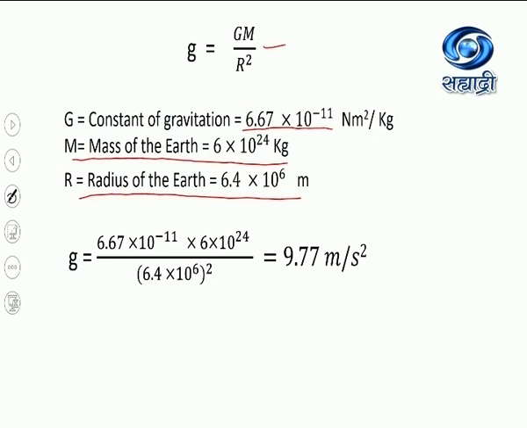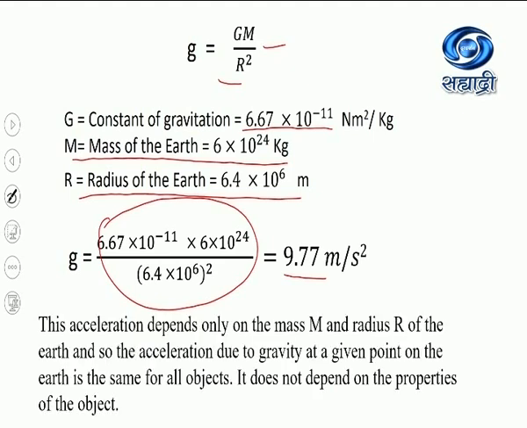Putting these values in this formula, we get 9.77 meter per second square. So the value of g is 9.77 meter per second square, and approximately we can take 9.8 meter per second square.